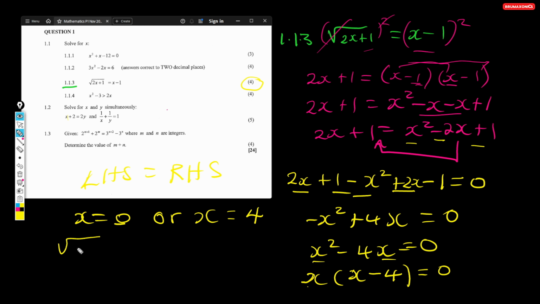The square root of 2 times 0 plus 1 equals 0 minus 1. So this will definitely give us the square root of 1, and also this side will give us negative 1. So this will be 1, which is not equal to negative 1.